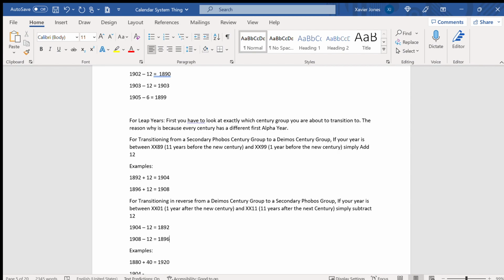In reverse from a democentric group to a secondary Phobos group, if your year is between XX01 and XX11, simply subtract 12.